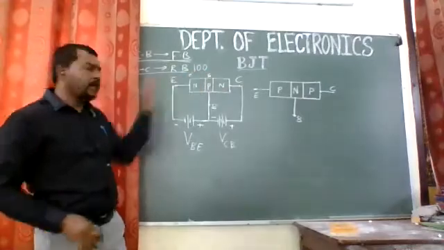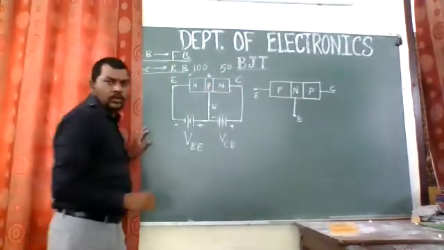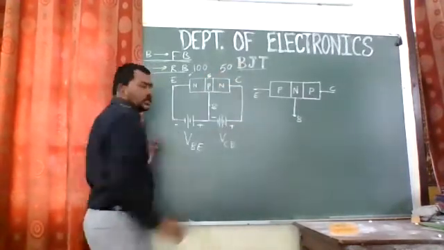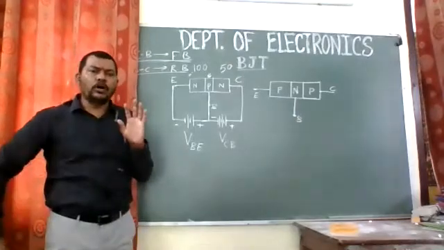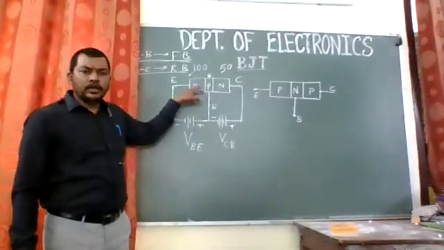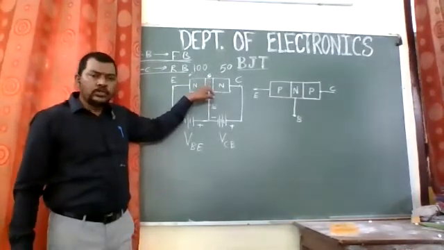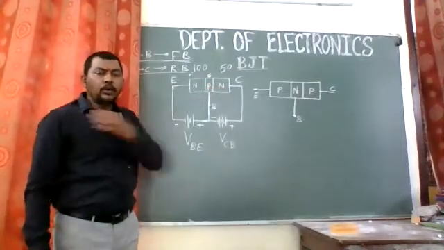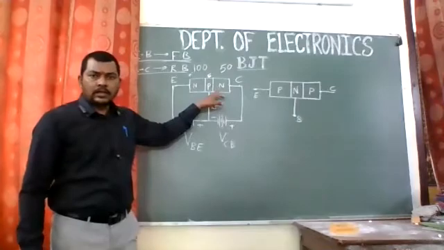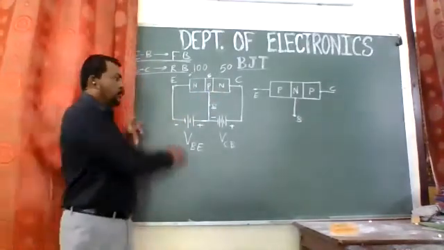If the emitter is 100, then we take this as 50. So for understanding, the emitter has 100 electrons, the other region has 5 holes, and the moderately doped region has 50 electrons. Now we have connected it to the positive terminal.